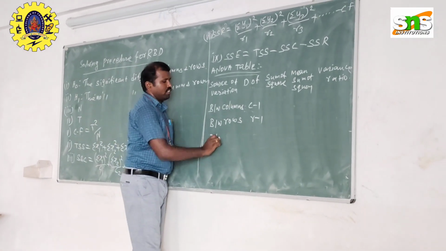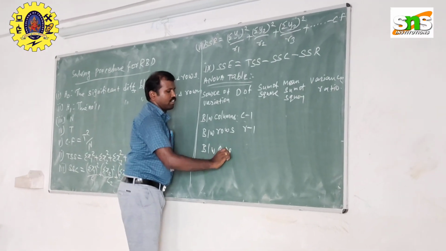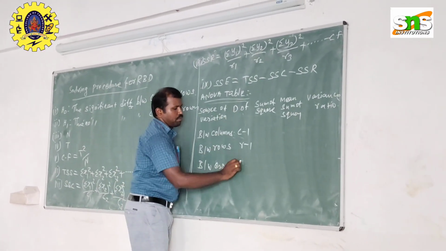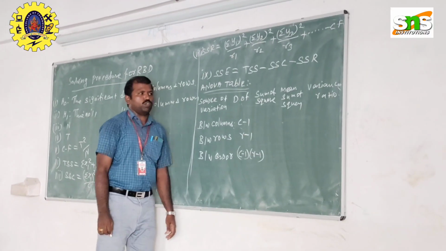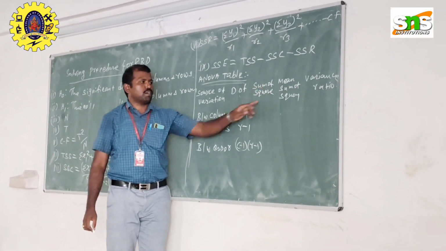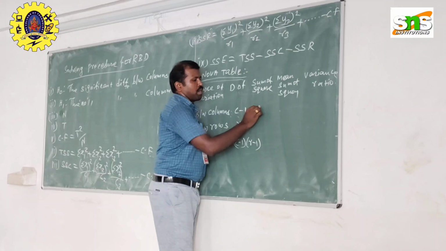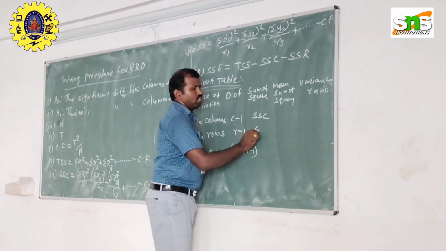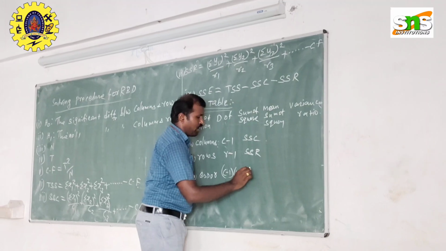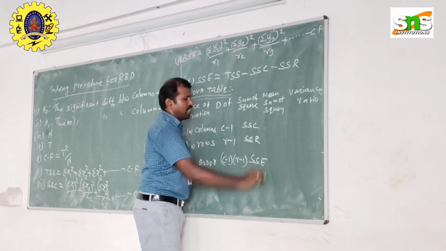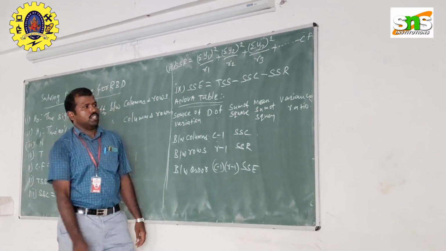Next, error, degrees of freedom is C minus 1 into R minus 1. Next, sum of square. Column sum of square is SSC, row sum of square is SSR, error value is SSE, the error sum of square value.